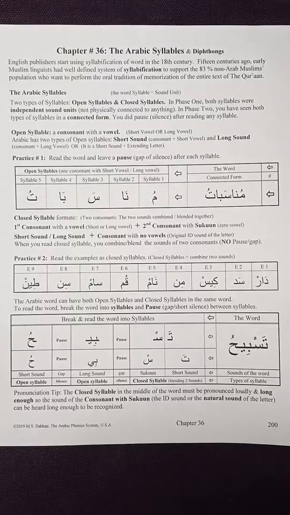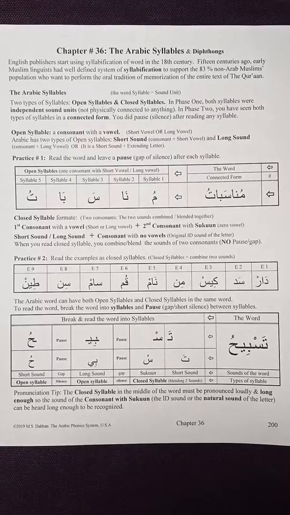And you saw both of them as independent sound units. They're not physically connected to each other. Then in phase 2, I showed you all the syllables in connected forms. And always after a syllable, in the Arabic phonics system, we leave a little pause, a little silence to separate them, so you will not rush reading them.